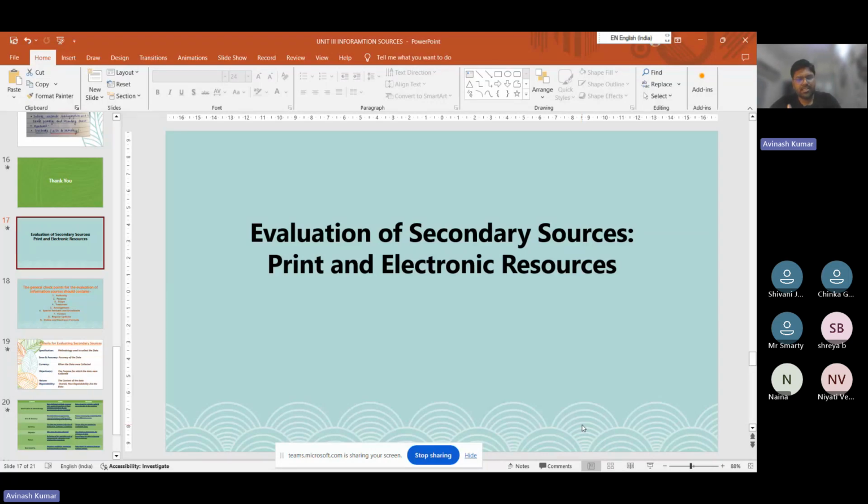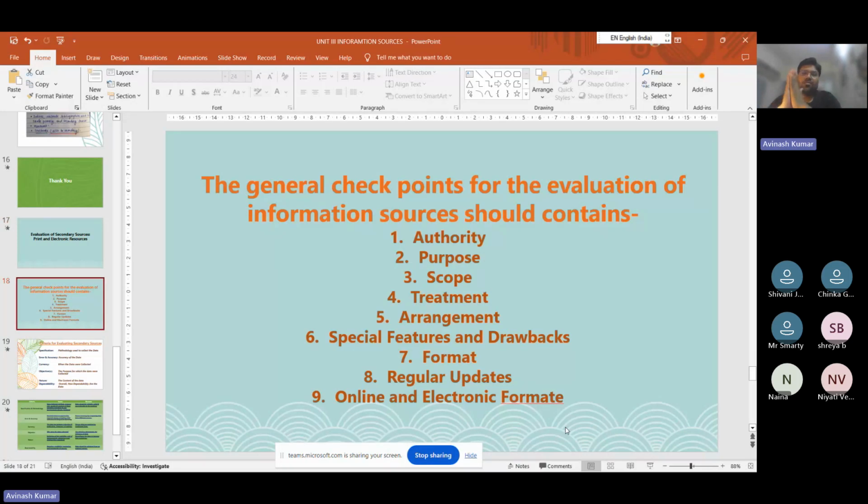So here the particular chapter is evaluation of secondary sources, print and electronic sources. What are the sources, why is evaluation important, and what is the process to evaluate sources?